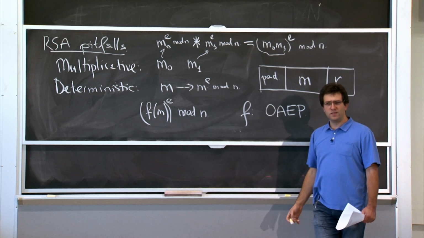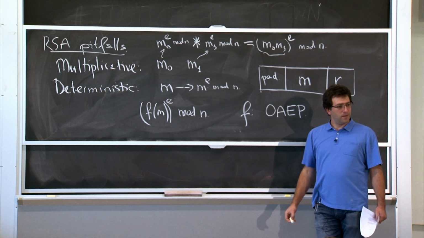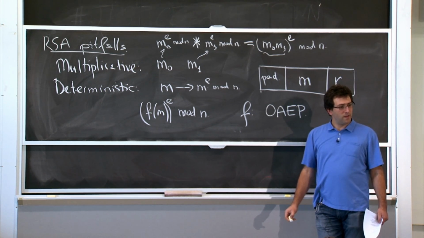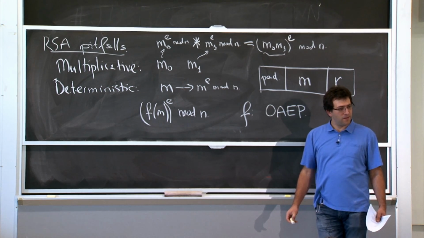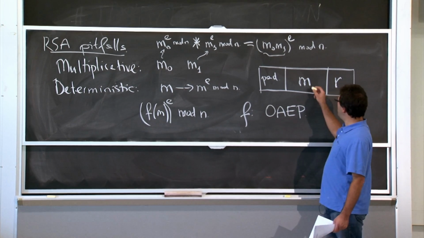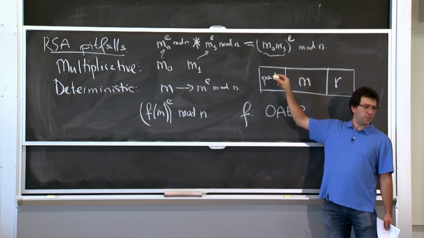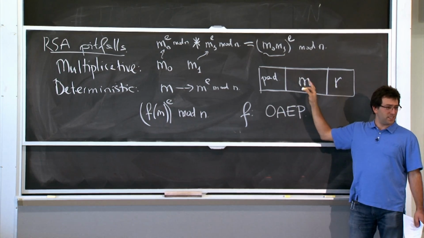Make sense? Yeah? If the attacker knows how big the pad is, can't they put a 1 in the lowest place and then a bunch of zeros so that you duplicate the pad under multiplication? Yeah, maybe. It's a little bit tricky because this randomness is going to bleed over. So the particular construction of OAEP is a little bit more sophisticated than this.